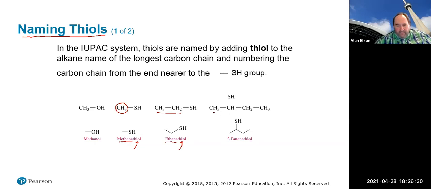Here the longest group is 4 carbons, which is based off of butane. You put the thiol, and like the alcohol, because there's more than one option, we give the location of where that is located, and that would be 2-butane thiol. So for us, you don't need to worry about naming thiols. You need to know the functional group of a thiol, which is SH.